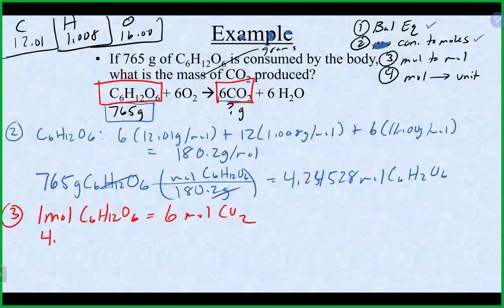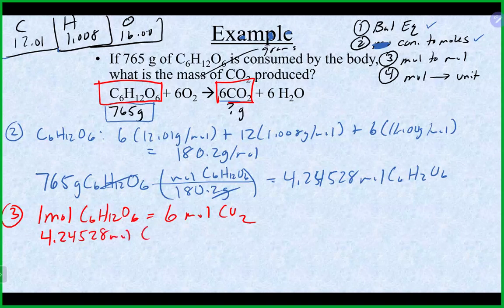Continuing with my number from above, we want the moles of C6H12O6 to cancel, so we put that on the bottom, and up on top goes our 6 moles of CO2.